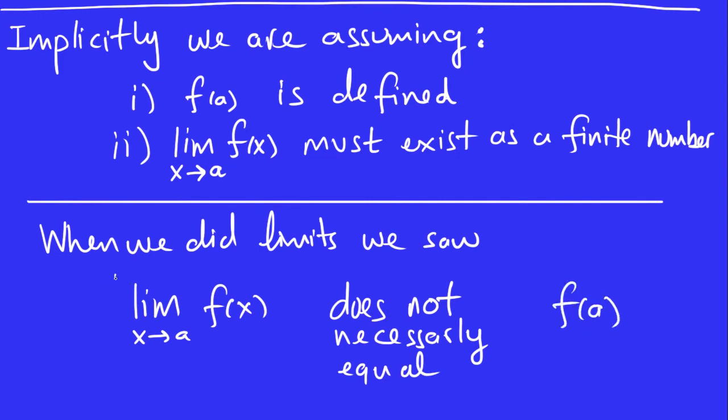They could be equal to each other. In other words, how do you do the limit? A lot of students think when they first learn limits, all they have to do is take that number a and just put it in there and work it out and you're done.